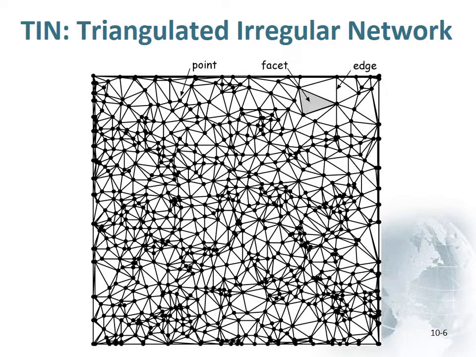TINs, as we call them by acronym, the triangulated irregular network, sometimes called a triangulated interpolated network, derived from a DEM, is described or modeled by points, lines, which are known as edges, and then polygons that are known as facets that happen to be triangles. So each of these triangles represents elevation, aspect, and slope.